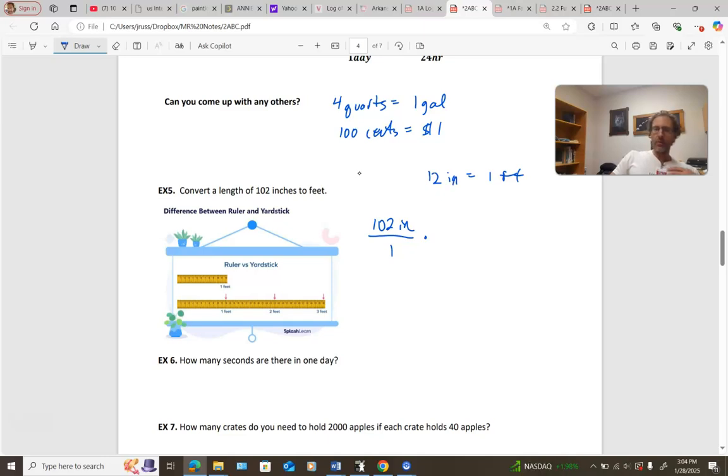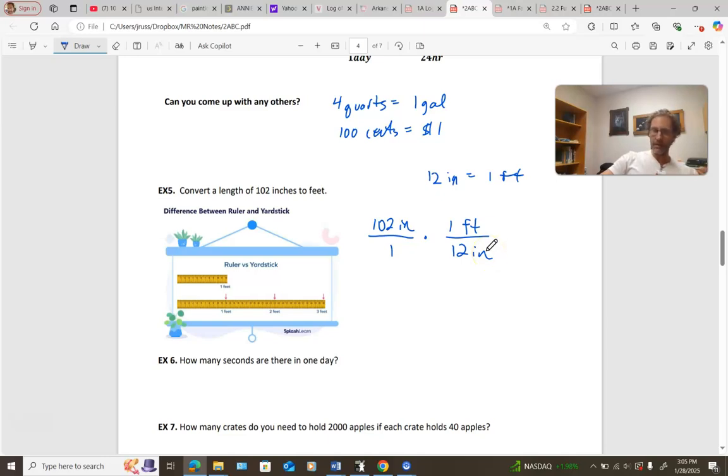So we want to eliminate inches and we want to arrive at the unit feet. The way I'm going to orient this is I'm going to put 1 foot in the numerator and 12 inches in the denominator, instead of the other way around. Why did I do it this way? Because I have one unit, inches, up here in the numerator, and I've got that same unit here in the denominator.